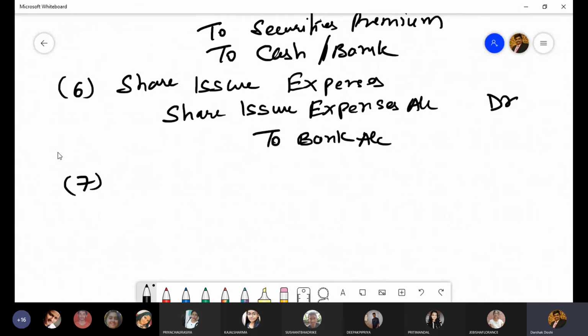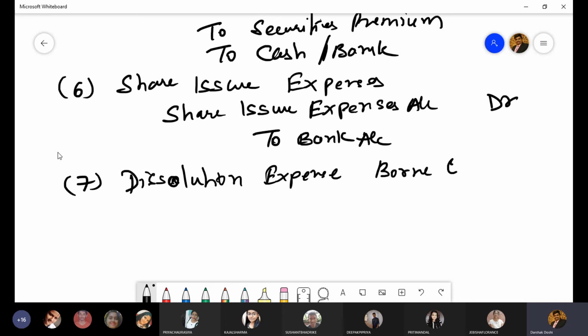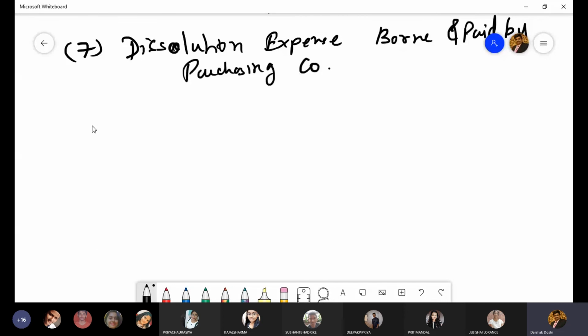If the dissolution expense of the vendor company is paid by the purchasing company, so the purchasing company is owning the expense, if dissolution expense is borne and paid by the purchasing company, then in that case the entry will be goodwill account debit to bank account.